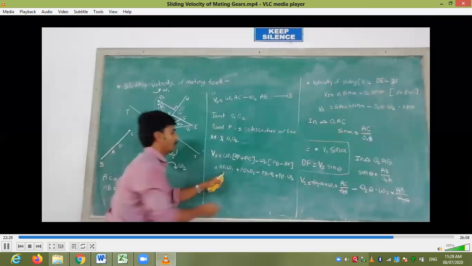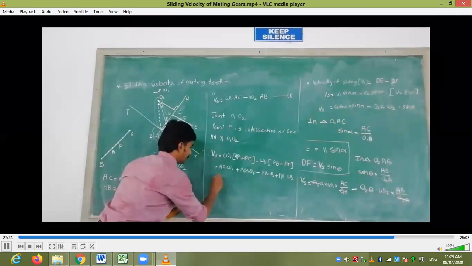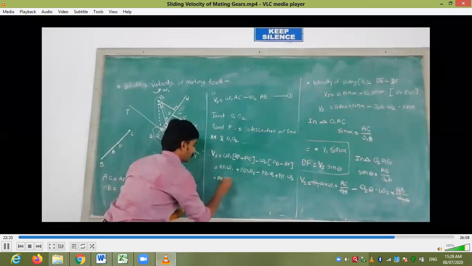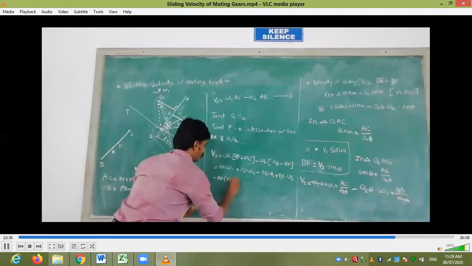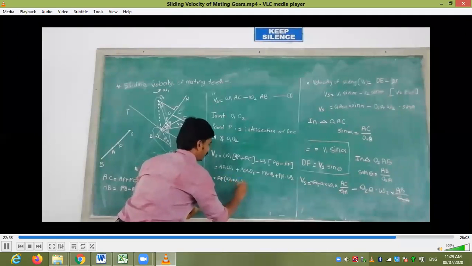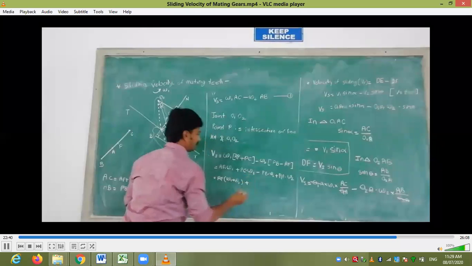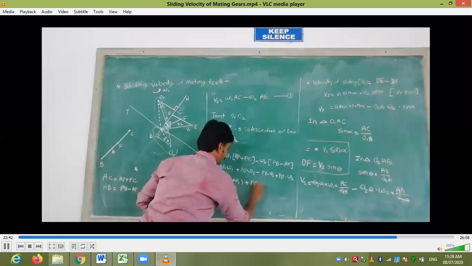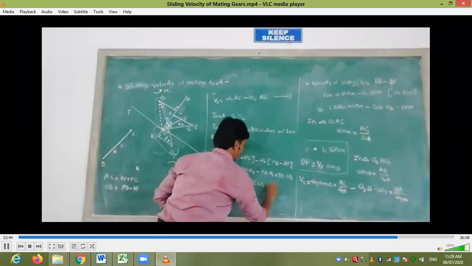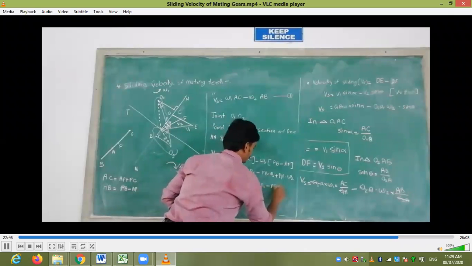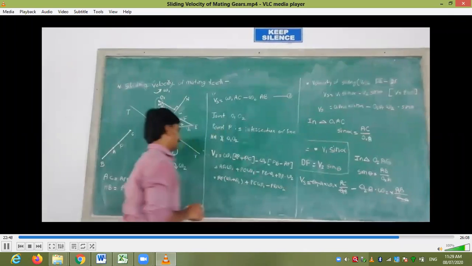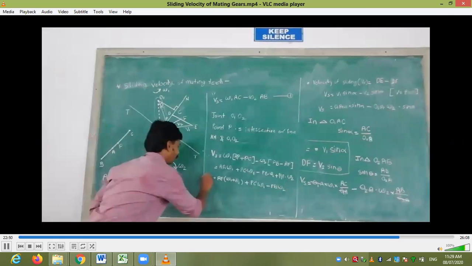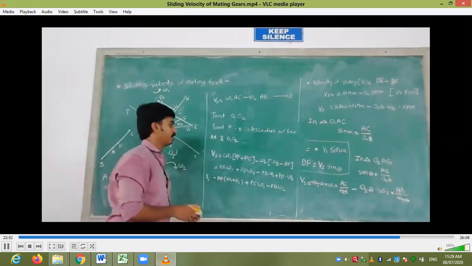If we take the common AB, we get AB into omega 1 plus omega 2 plus BC into omega 1 minus BD into omega 2. This is the equation of Vs, the sliding velocity.